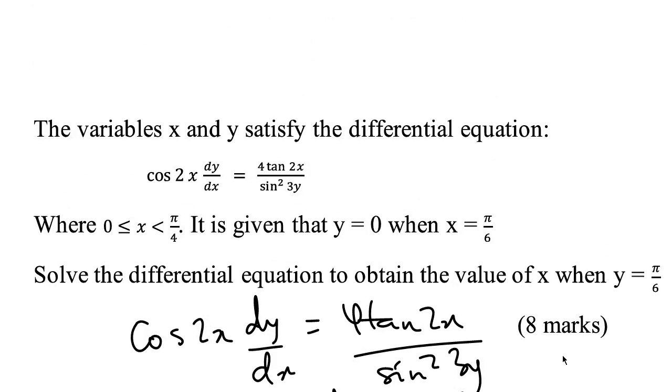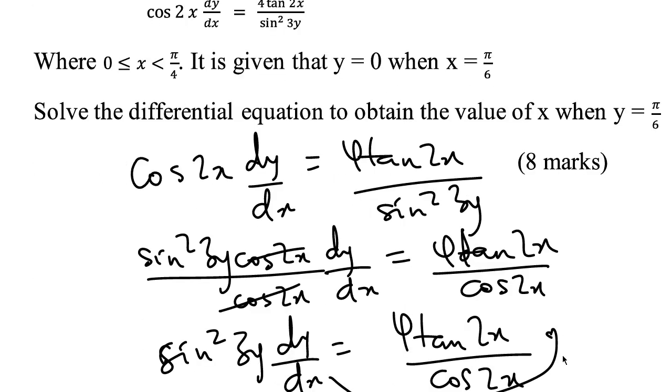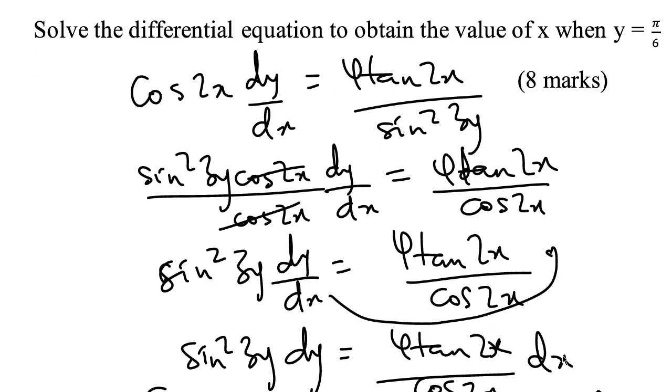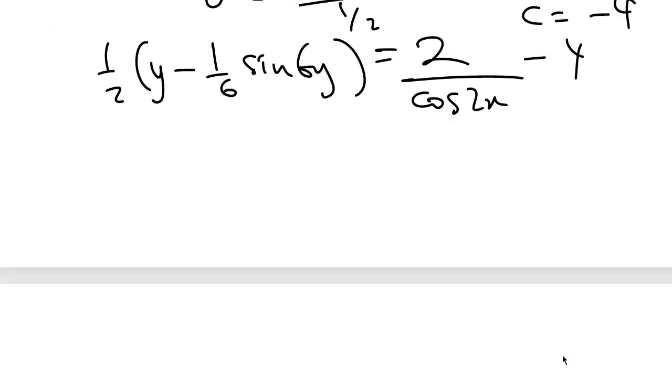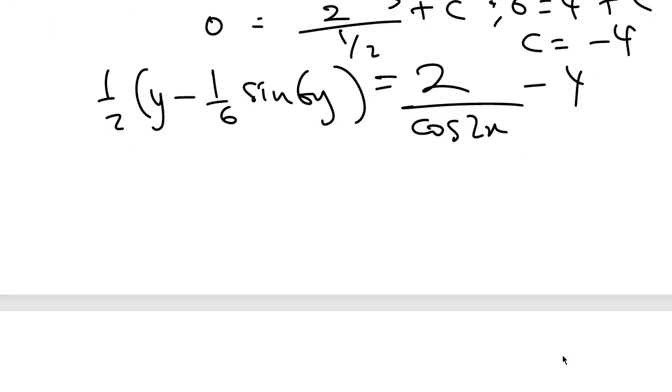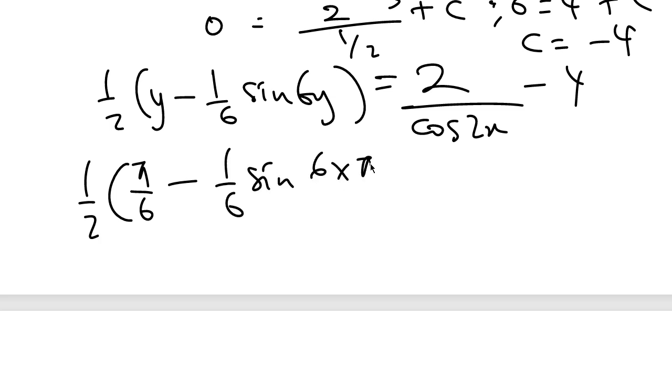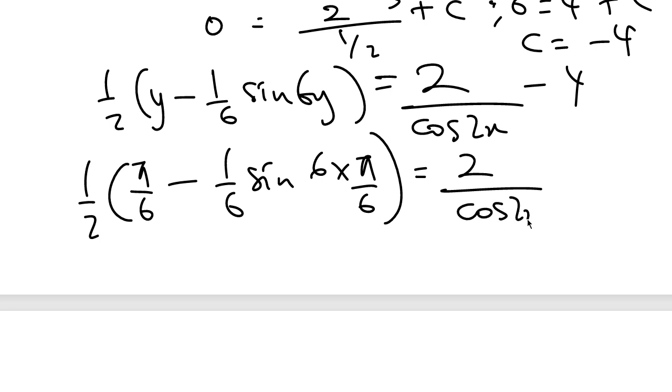The question now says solve the differential equation to obtain the value of x when y is pi over 6. So if we replace that, that's half into pi over 6, negative 1 over 6 sine 6 times pi over 6, is equal to 2 over cos 2x negative 4, right?